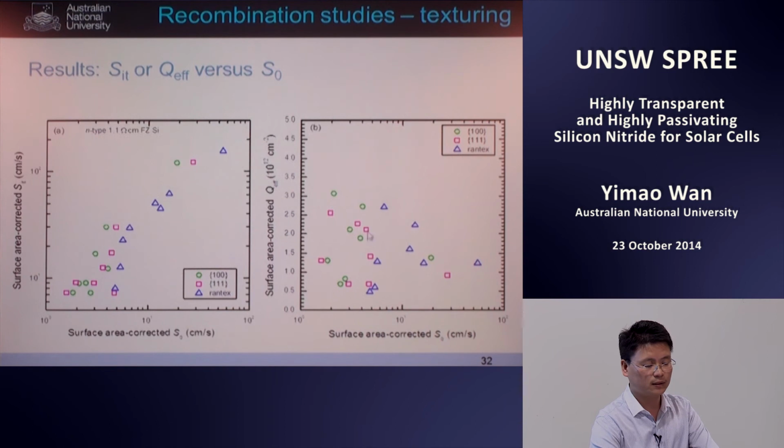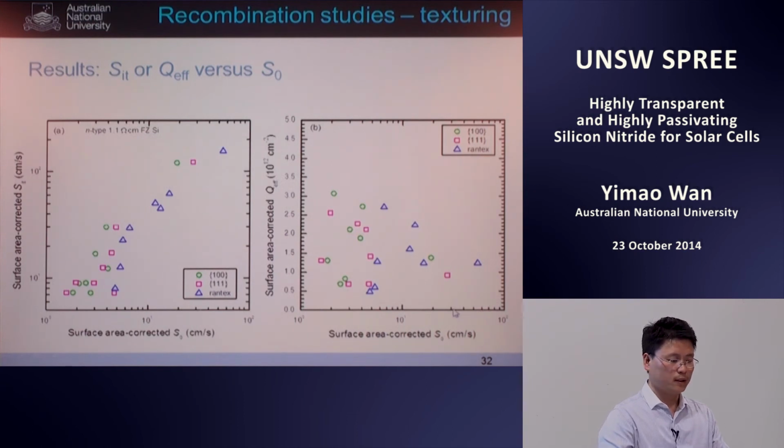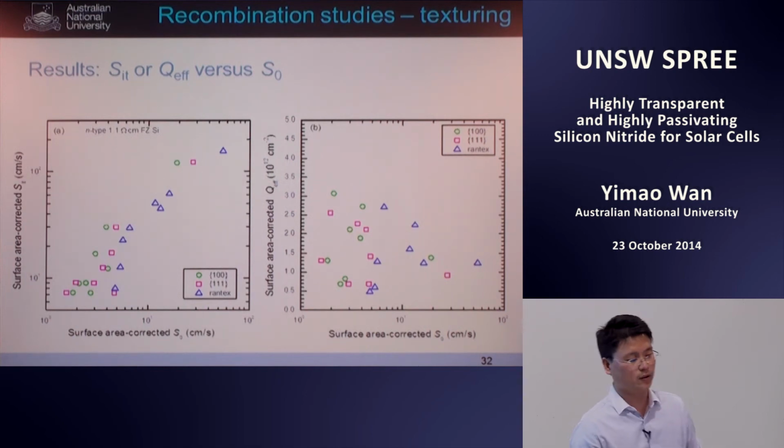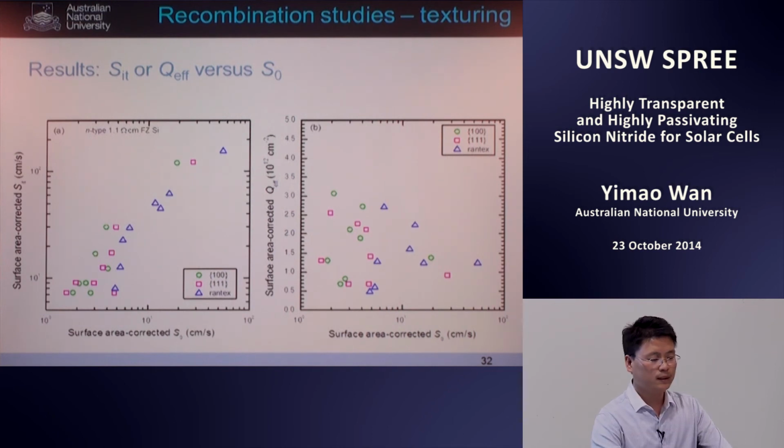But we can't establish a strong correlation between charge and the recombination. So the result means the recombination at the texture surface or the planar 100 and 111 is primarily determined by the interface defects rather than the charge in the film.